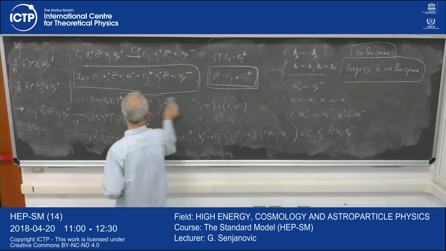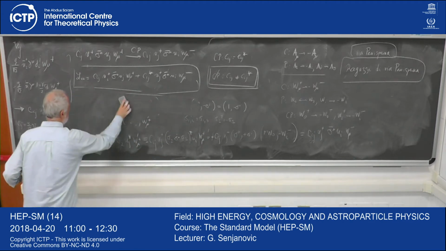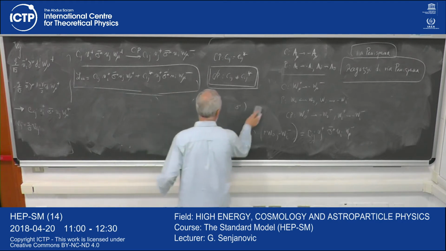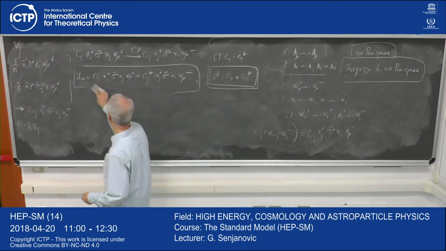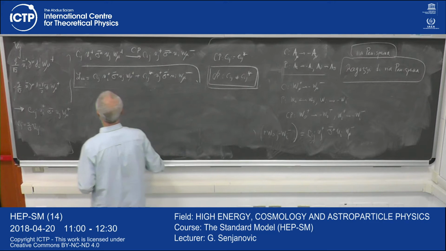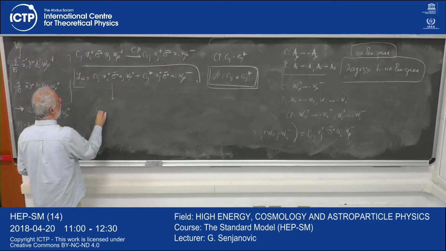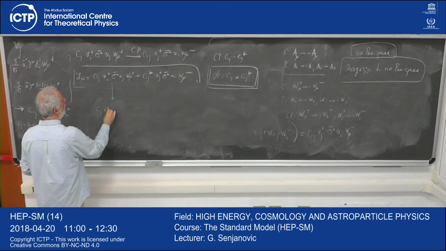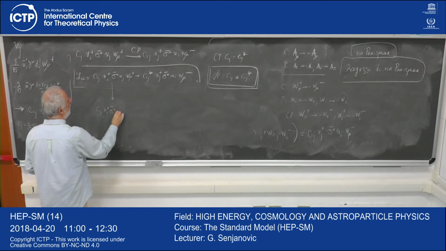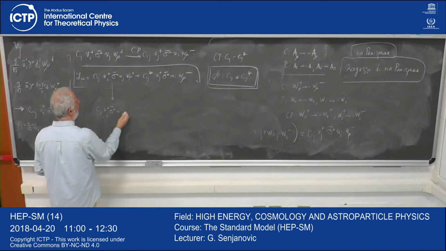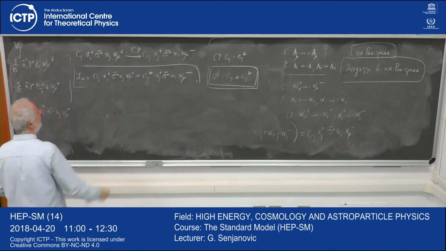So let's be more specific. I can erase this, I hope. So I could have written here, under CP, this goes into Cij, ui dagger, sigma mu bar, uj dagger. Well, it's written there, so what?